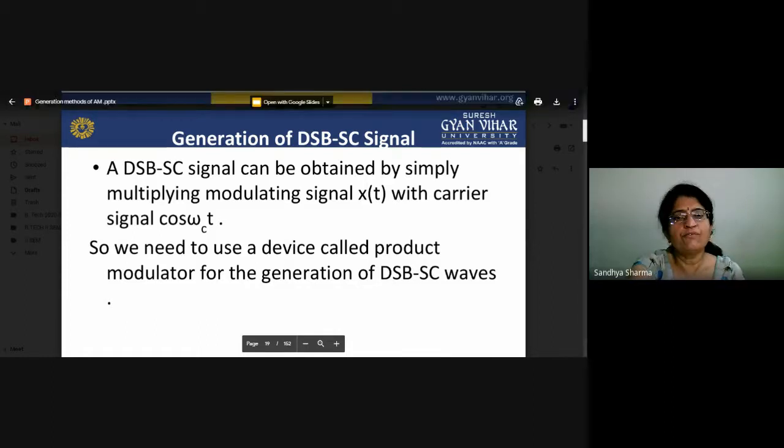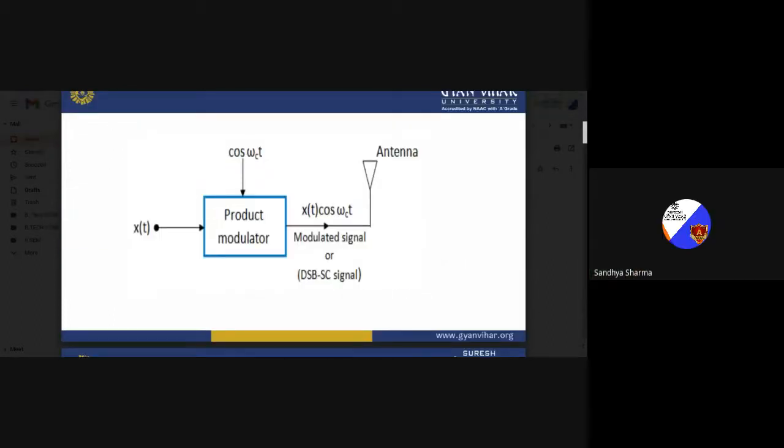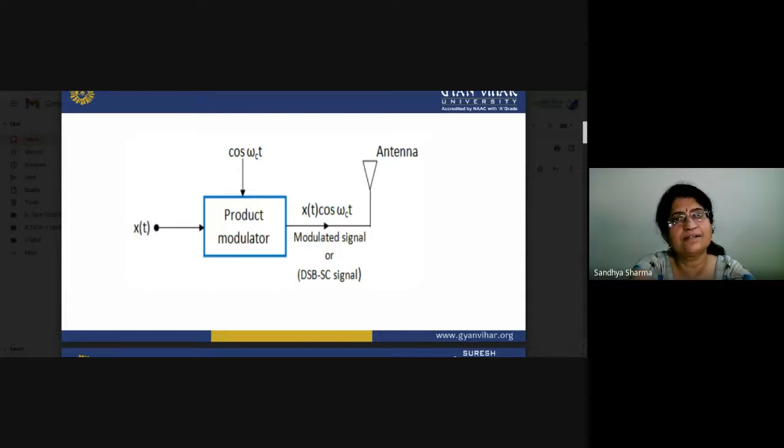Now, what type of device is required for generating the DSB SC signal? Generally we use the product modulator. Here you provide the input signal xt and a cos omega ct carrier signal.